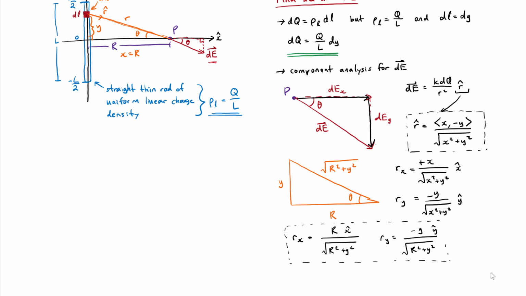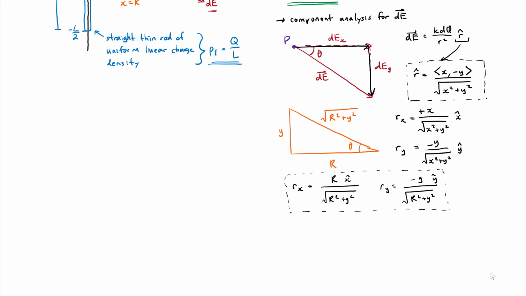So now we have our simplified forms that we want to use, and we can find dE. So dE is then equal to k dq over r squared times r hat. But r hat is defined as these two, so we can say k dq over r squared and write r hat as its x and y components.